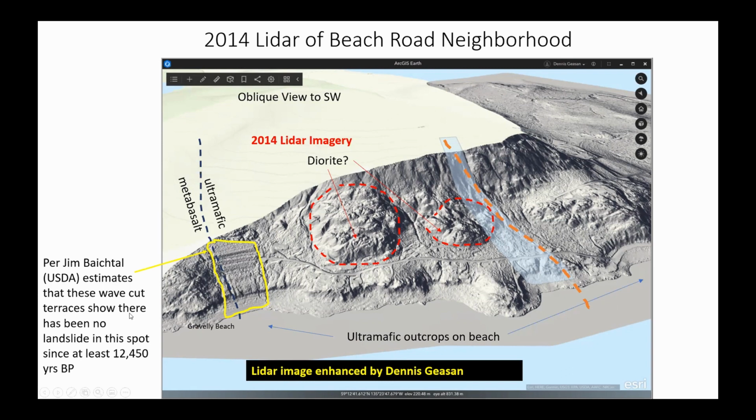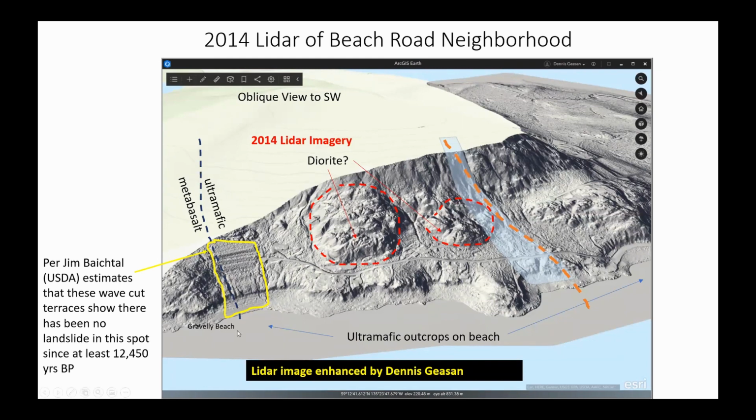And I asked John Norton, who knew Jim Bechtel, and he works for the USDA, and he's the expert at this stuff, and he was able to calculate that the top of it was 12,450 years before present, when the beach cut those little benches at the top. You see, the sand gets moved around by the waves and it makes these little benches.